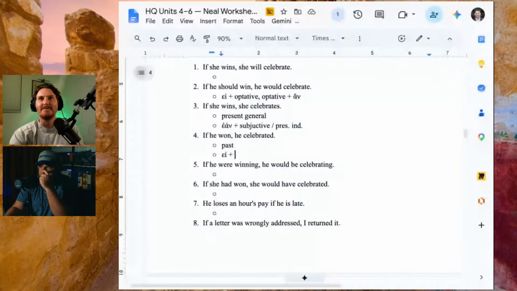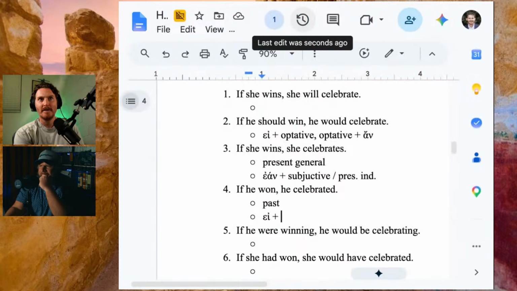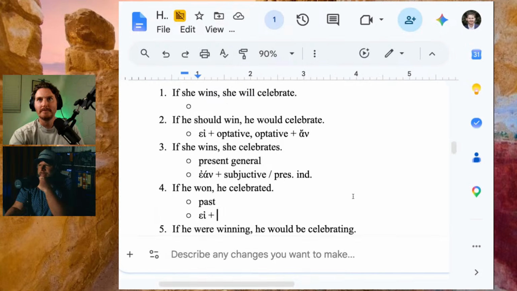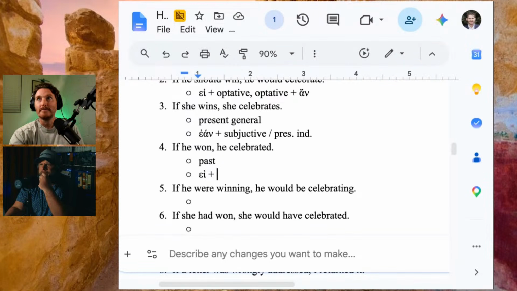Yeah, it's possible. All right, so this is past. So ean plus past. Where is it? What is it called again? I'm a little bit confused because it's not imperfect, right? No, you would say it's past general.